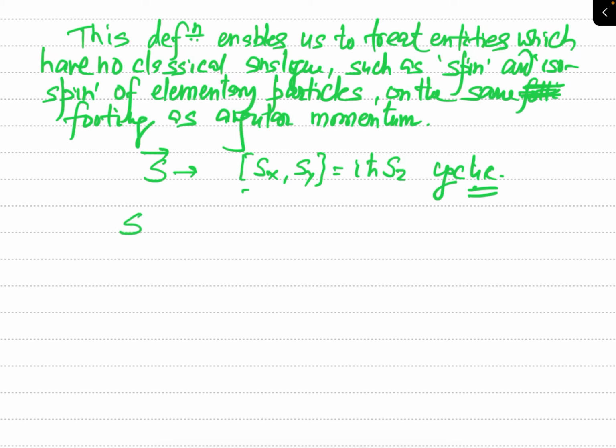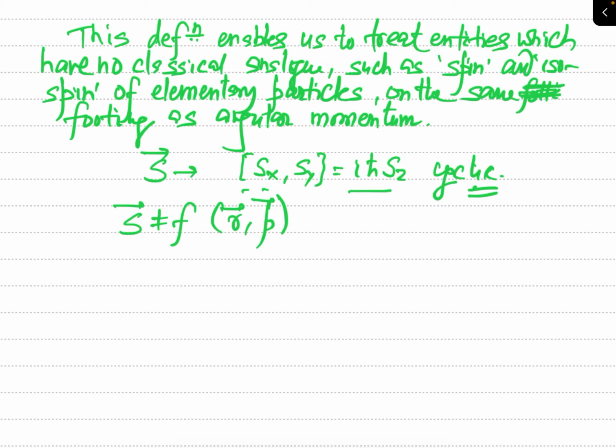It means S is not a function of r and p. It is independent of position and momentum, but even after that it is called an angular momentum in quantum mechanics because this Sx, Sy and Sz follow the same commutation relations as followed by Lx, Ly and Lz.